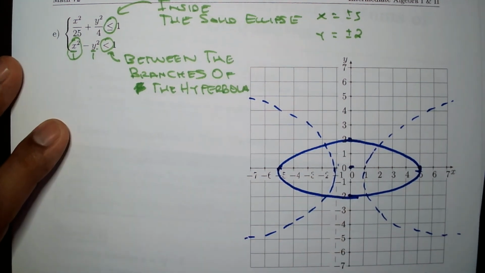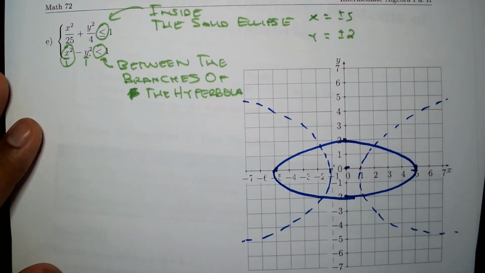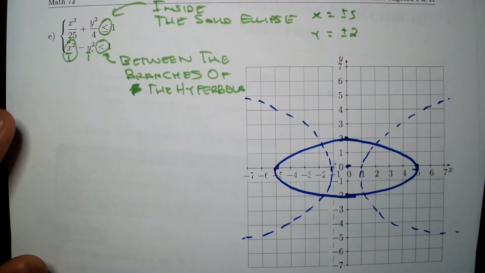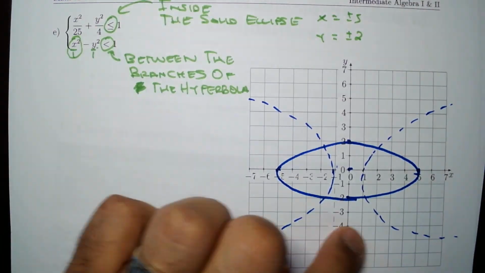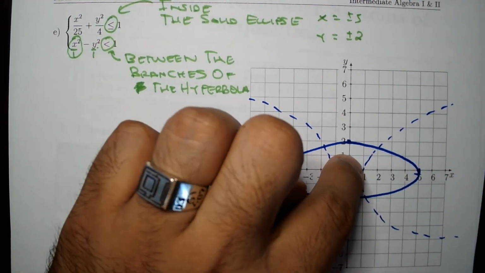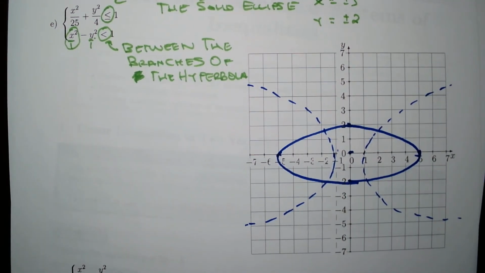All right, so in this case we're going to have many possibilities to shape this part right here, that part right there, this region here, this region in the middle, this region right here, and that region over there. Too many to choose from.